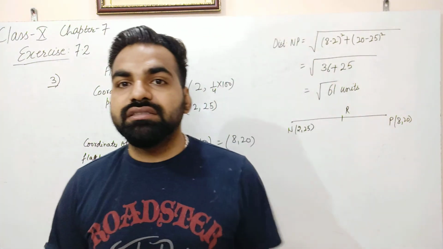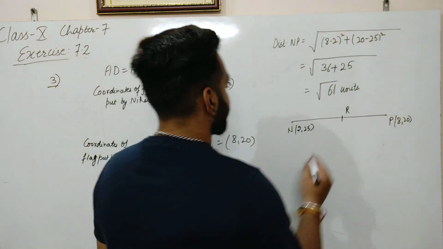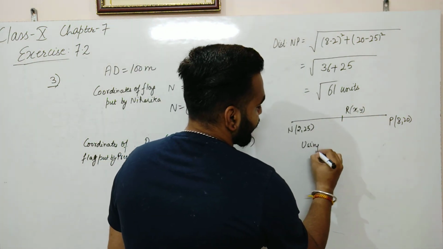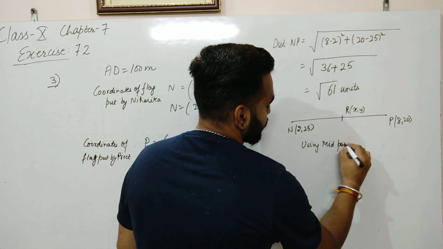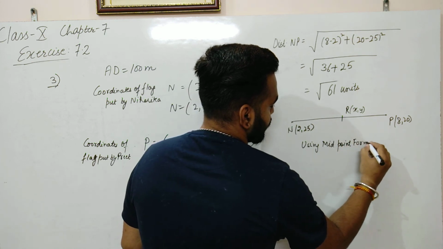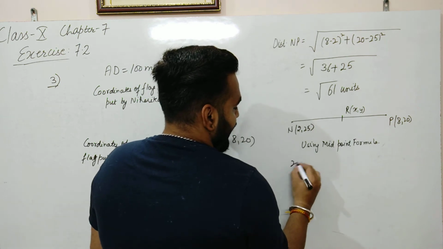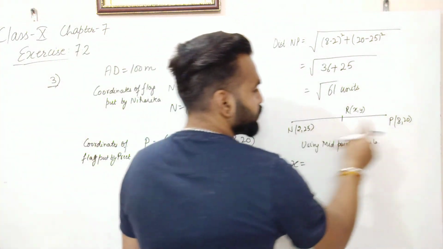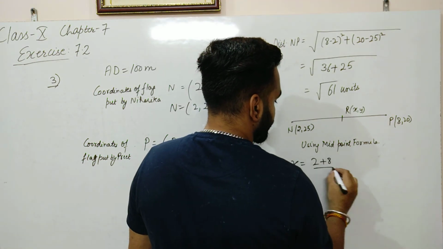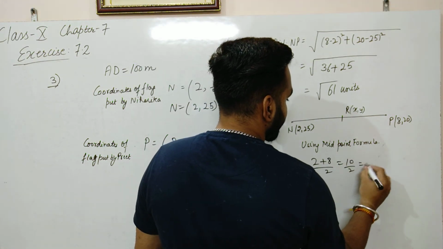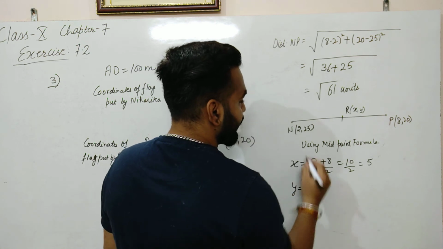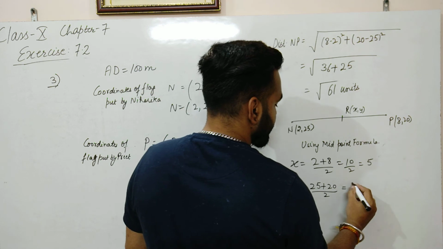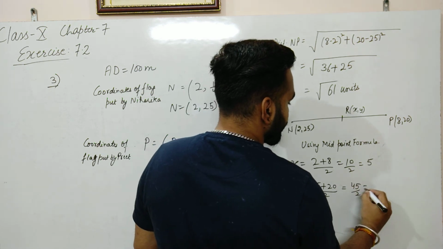Since R is the midpoint here, suppose that it has coordinates (x, y). So using the midpoint formula, x will be equal to the sum of the x coordinates by 2, that means (2 + 8) by 2, 10 by 2, 5, and the y coordinate will be the sum of the y coordinates (25 + 20) by 2, that is 45 by 2, 22.5.